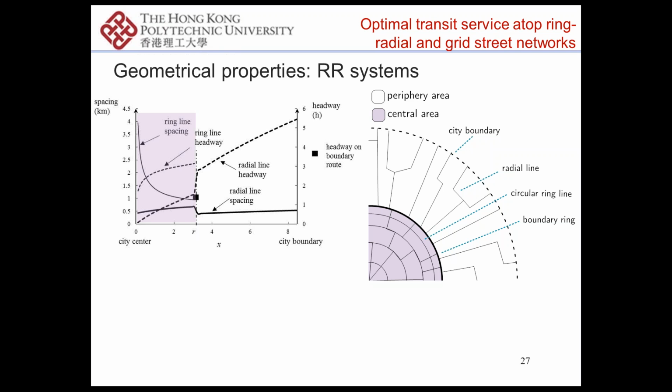Yeah, I believe you. Usually the solutions are robust to local perturbations for location, for this kind of network design problems. So it's a very interesting thing that you have a circular ring line.